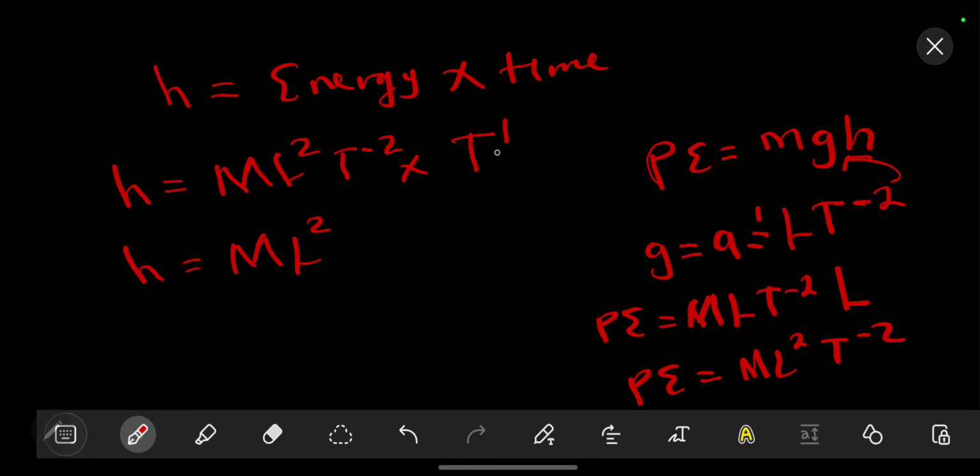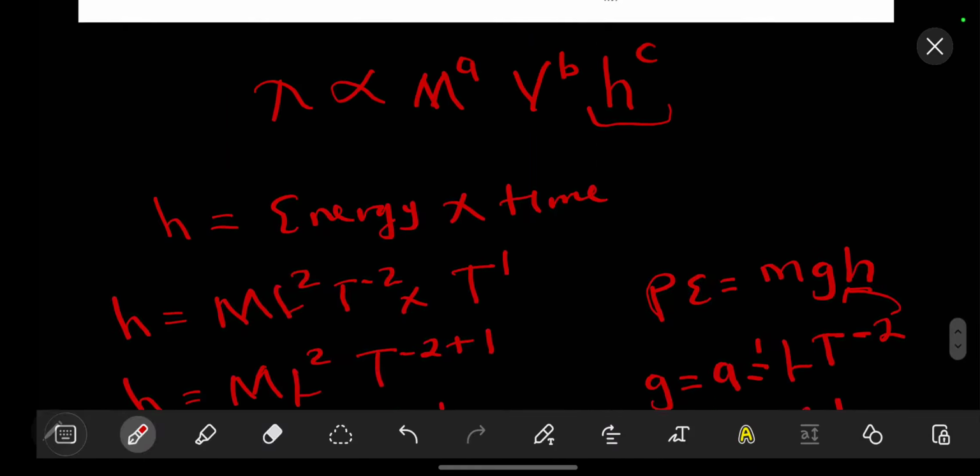Then we are going to take 1, then add 1 like that. So our h should be equal to our m L raised to the power 2. Then we have our t raised to the power -1 like that. So these are our dimensions for the Planck's constant.